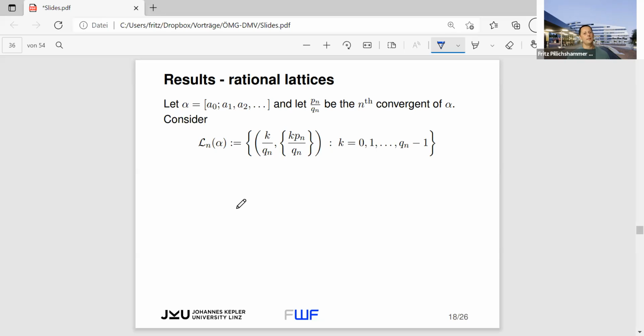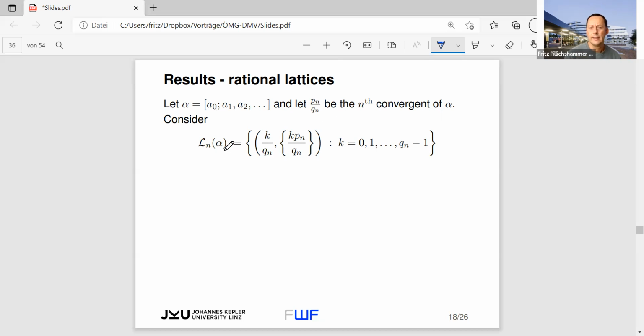So we also studied rational lattices, which can be defined as follows. We are considering a real number alpha with continued fraction expansion given here. That's not so important. Important is that we have an infinite number of convergents Pn over Qn in the continued fraction expansion.